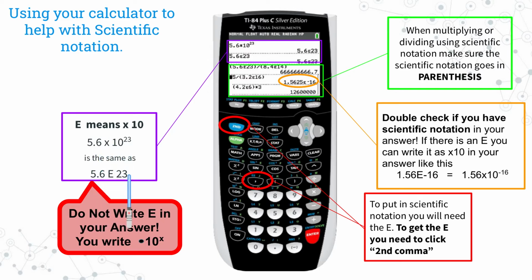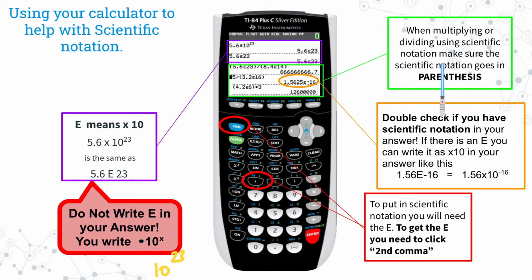If you plug something into the calculator, do some multiplication or division, and get this as your answer, you cannot write this as your answer on documents in this class. It's just how the calculator gives that notation. You're going to write times 10 to whatever. So that E means times 10, and this would be written as times 10 to the 23rd.